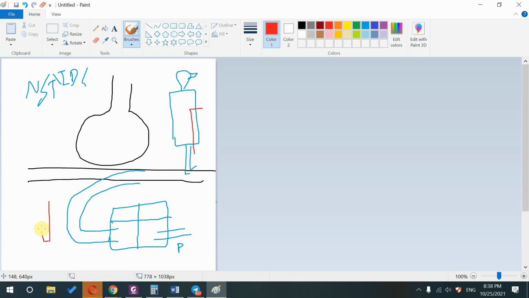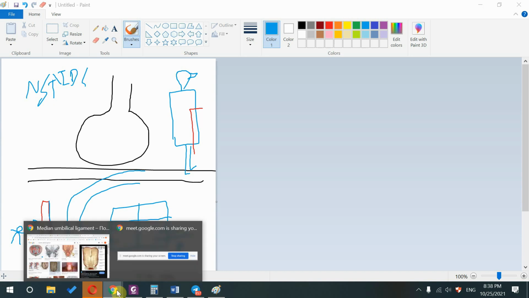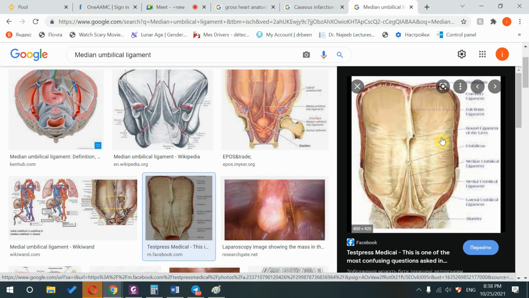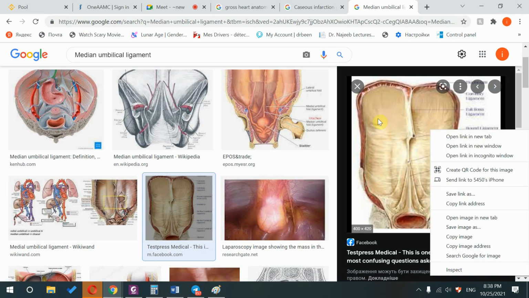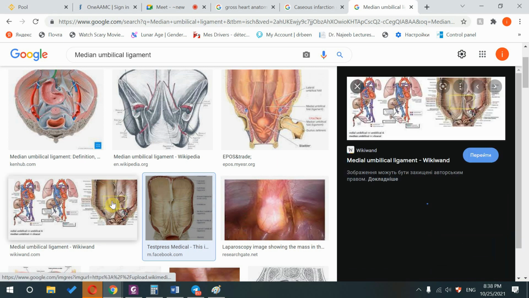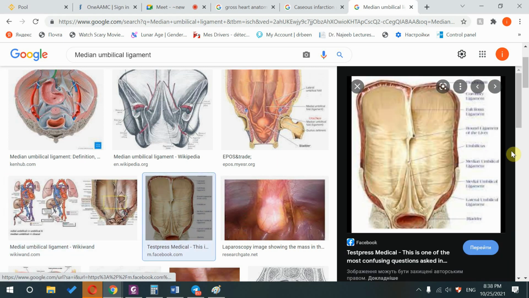Now this blue portion is basically the outside, and you are looking at the abdomen from this side. What you are going to see is this. Okay guys, so what is that? It's a lot of structures, yes, and you have to know most of them.